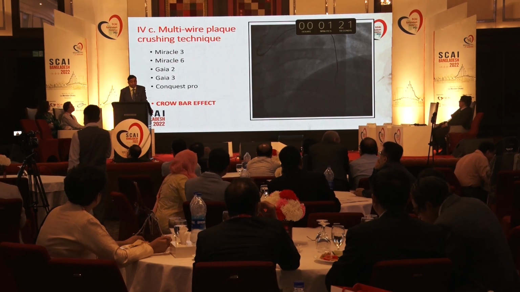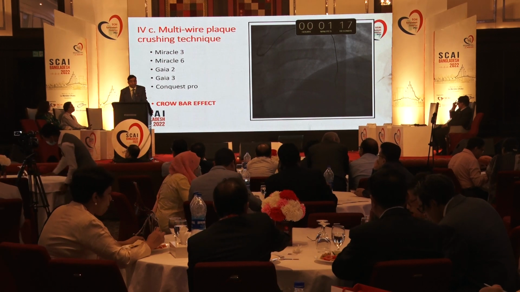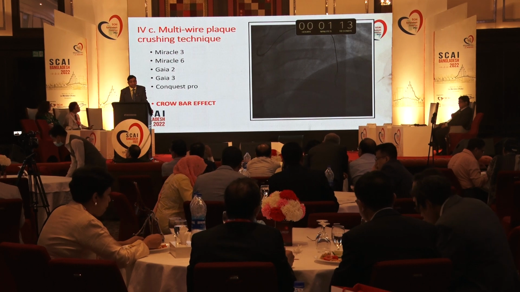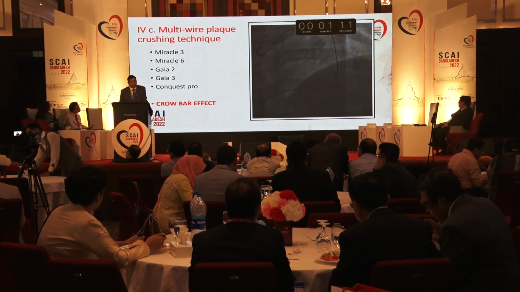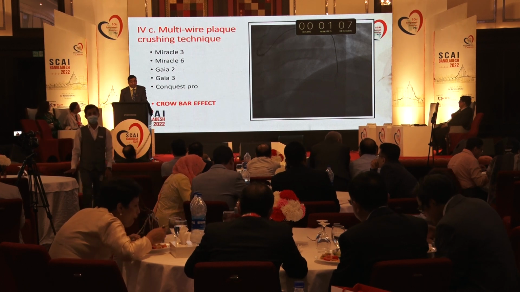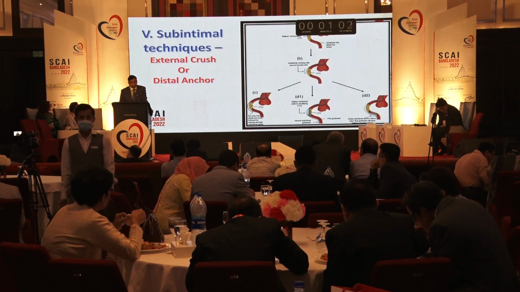Next is the multi-wire plaque crushing technique, in which one polymer jacketed wire is advanced and another stiffer wire like Miracle 3 or 6 is used; either 1 or 2 wires are used, and similarly balloons are used in a crowbar effect to get across the lesion.